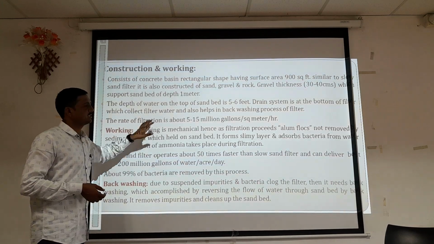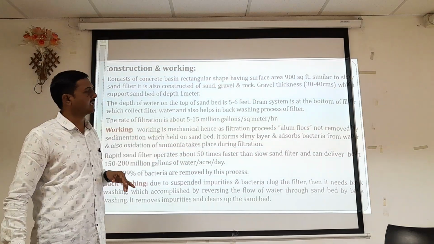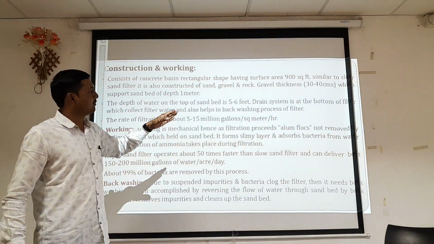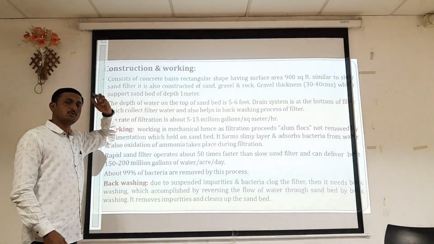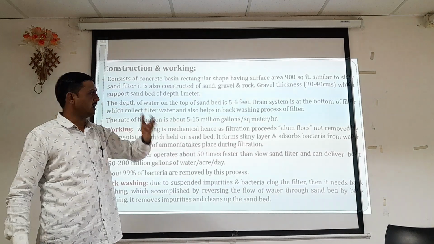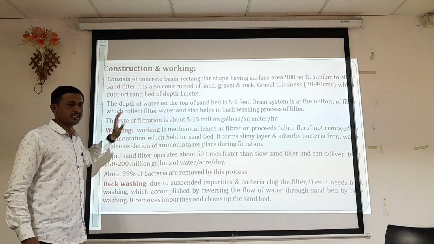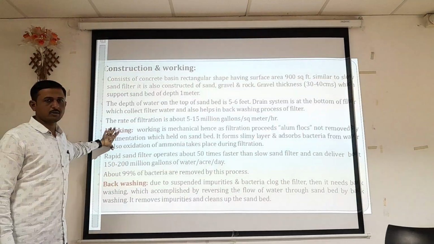The rate of filtration is about 5 to 15 million gallons per square meter per hour. It is the highest rate and is much more than the slow sand filter. How does it work?